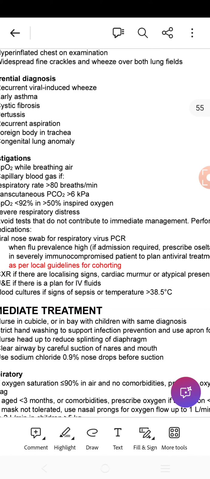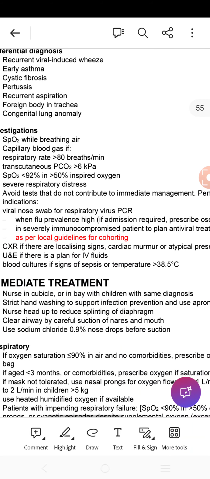Now, regarding management, let me tell you that there is no role of any antibiotic, no role of antivirals, no role of steroids, no role of nebulizations, only give oxygen. So what is the protocol regarding oxygen? If you see the baby's oxygen saturation is below 90, you will put oxygen with a face mask.